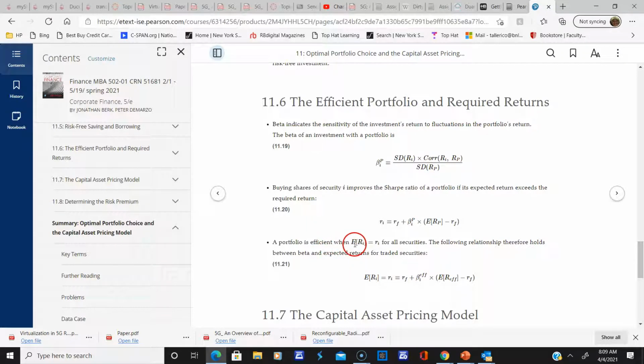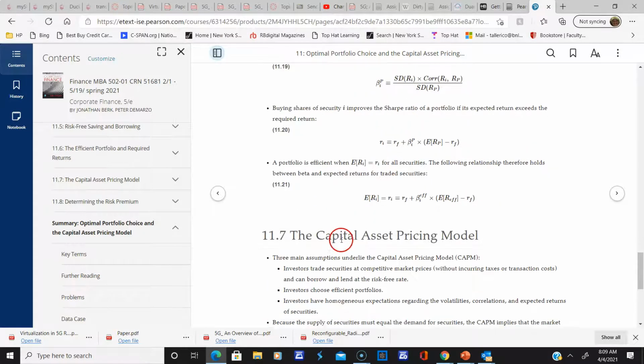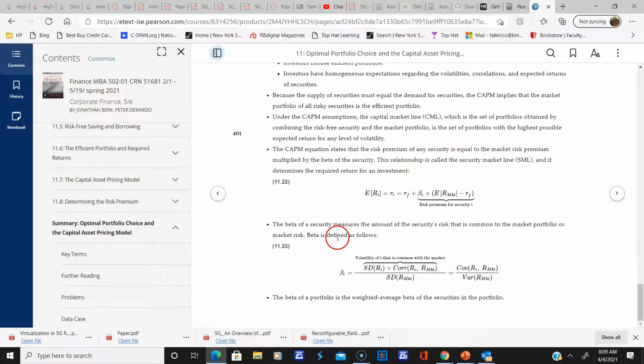All right, so that's what's going on here. And technically, you should use the capital asset pricing model. Okay, it's the easiest thing to do. So the beta of a portfolio is the weighted average beta of the securities in the portfolio.